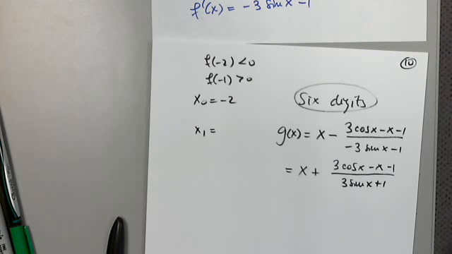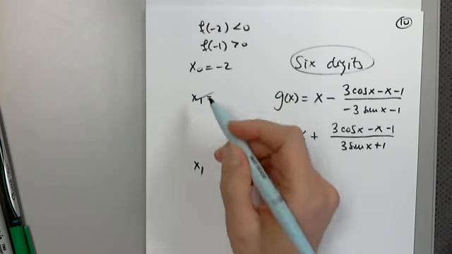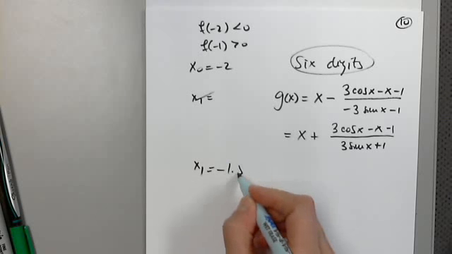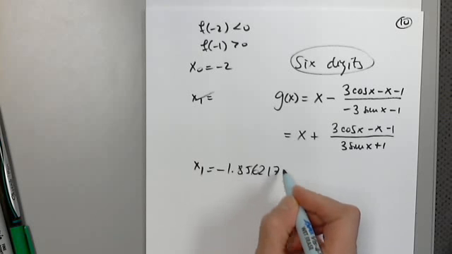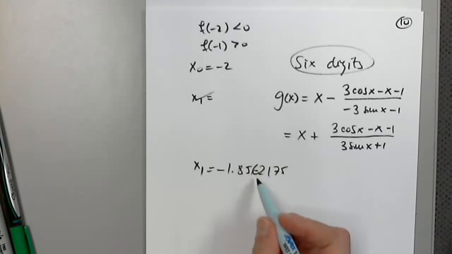So now I go to second and quit, and I want to copy function 1, and we decided to plug in -2, and I hit enter. This is my x1. x1 is -1.8562175.